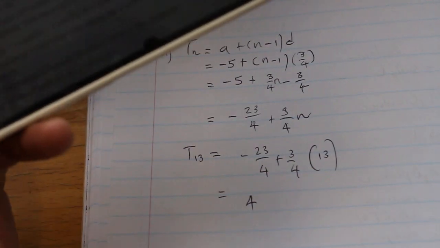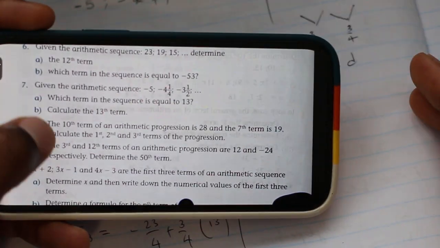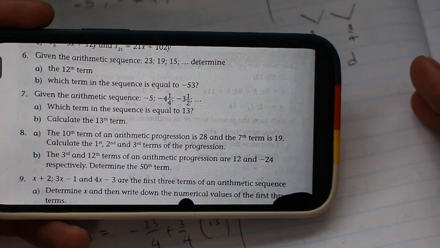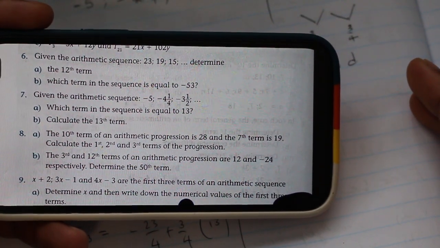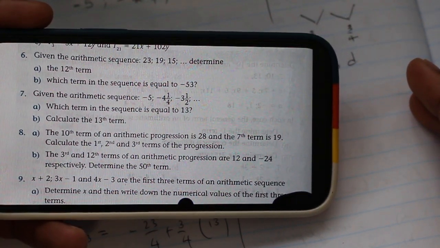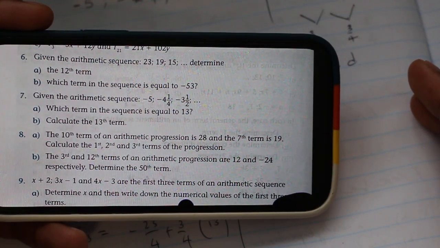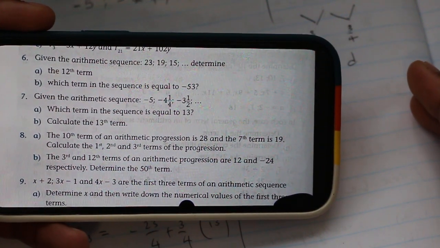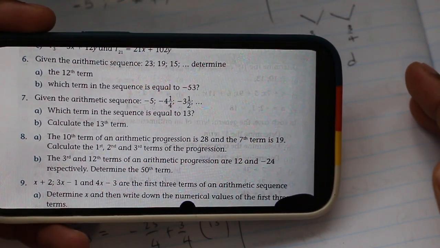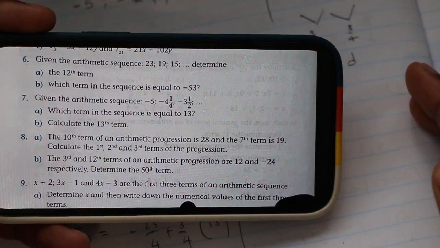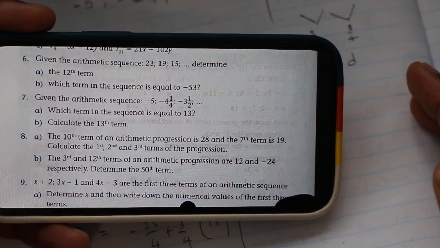Okay, so let's attempt answering another question. Let's see. Question B says, we were asked which term in the sequence is equal to 13. So we're already given the term and we're supposed to find what?